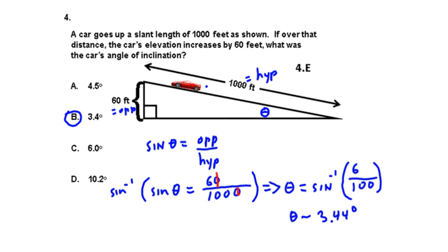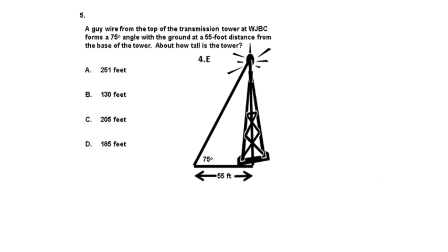Next, 5. A guide wire from the top of a vertical transmission tower forms a 75-degree angle with the ground at a 55-foot distance from the base of the tower. About how tall is the tower? Well, again, we want to find this height.